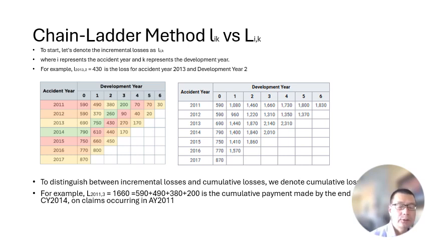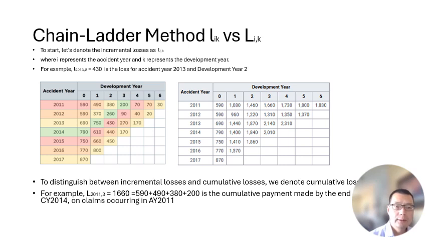This loss is just the loss for that year, but on the other hand, we can accumulate all the losses through a year. That's how we develop the triangle on the right side. This loss here is the cumulative loss.